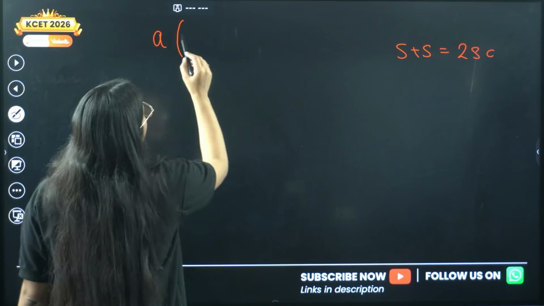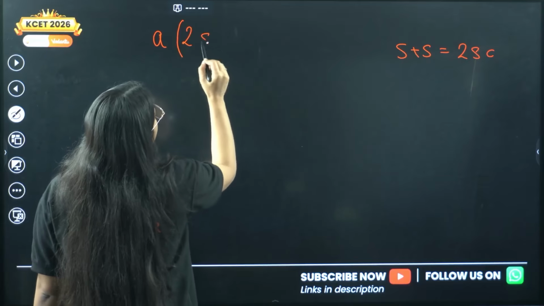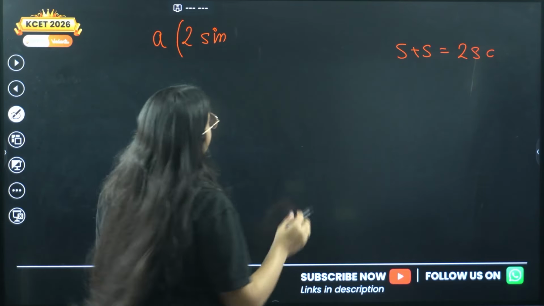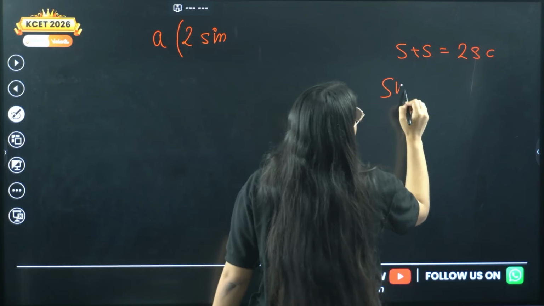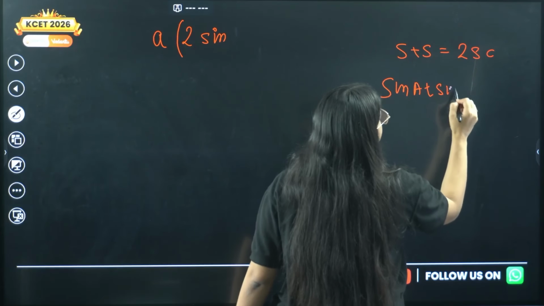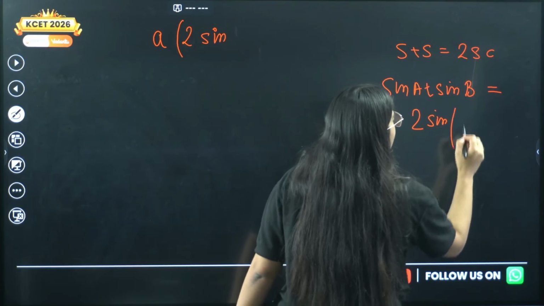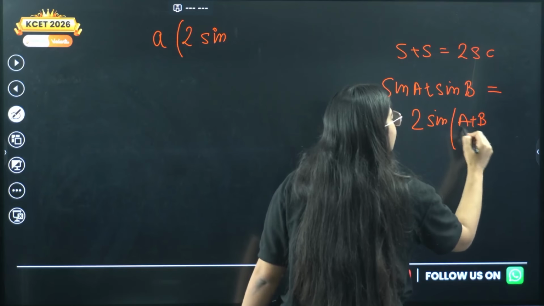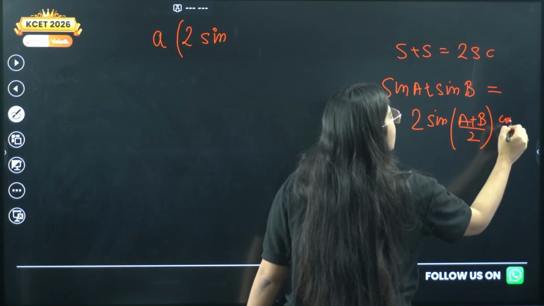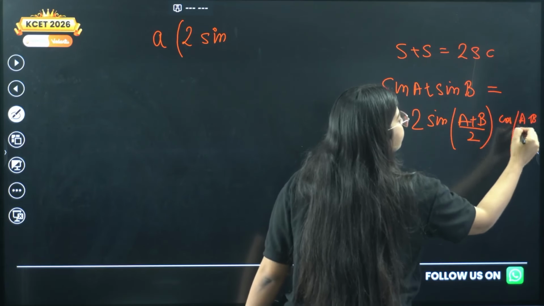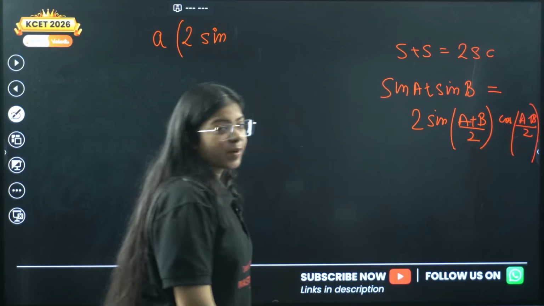Sine A plus sine B is what? 2 sine A plus B by 2 and cos A minus B by 2. Correct? This is my trigonometric formula.